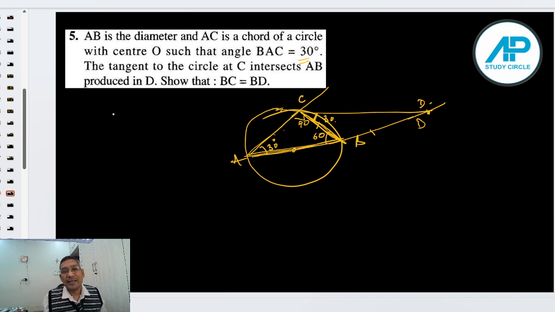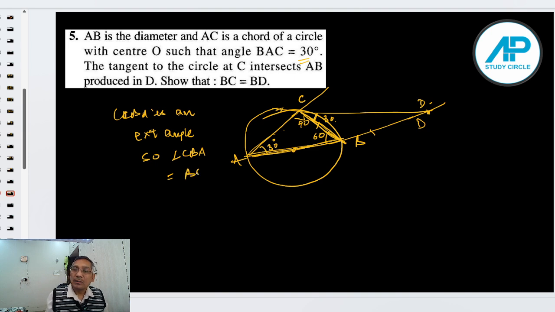Angle CBA is an exterior angle. So CBA equals BCA plus angle BDC. BCD is 30, sorry, BCD is 30, BDC is not known, and CBA is 60.